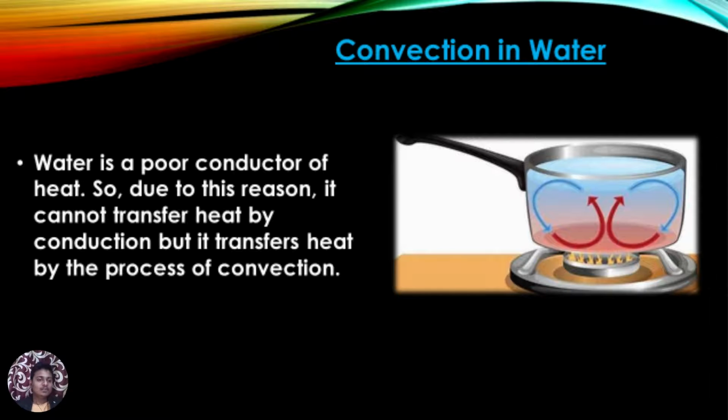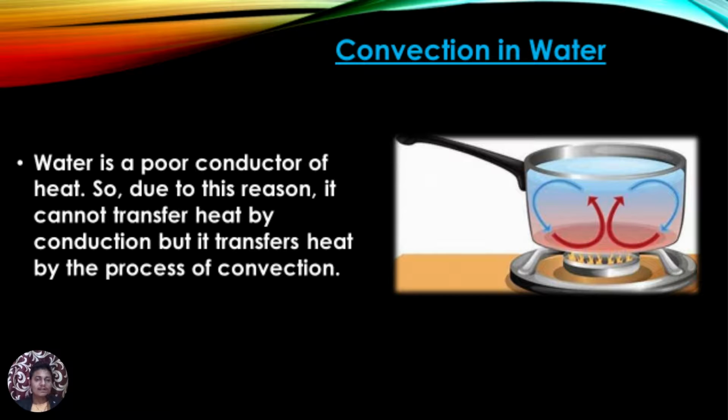And now see what I was talking about earlier. There is a stove, and on it there is a pan, and in the pan there is water. The flame burning at the base will heat that part first, then the heated water will go upside, and the cold water from the top will come down, and that which came down will get heated again and go up again.